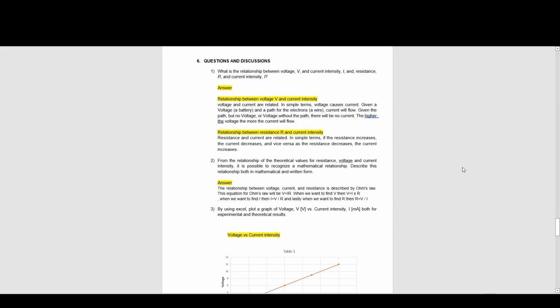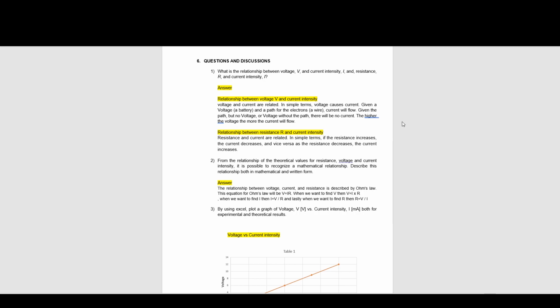Moving on to the questions and discussion. The first question is the relationship between voltage and current intensity I, and between resistance and current intensity I. For voltage and current: if there is a voltage, then electrons flow and current exists, so the higher the voltage, the more the current will flow.